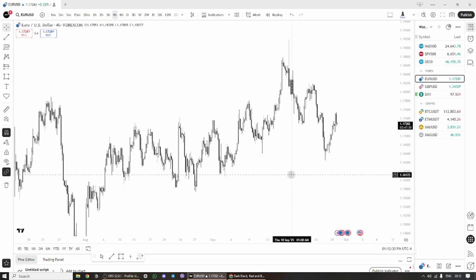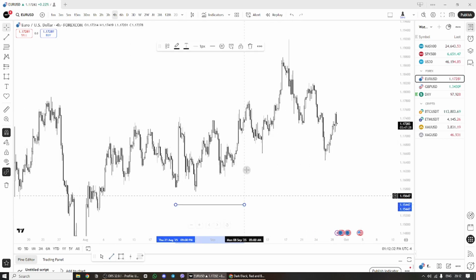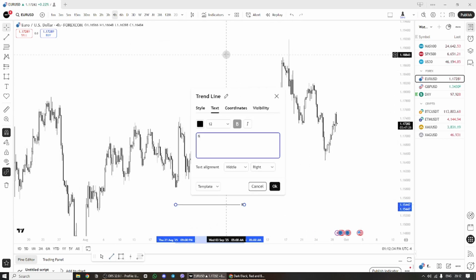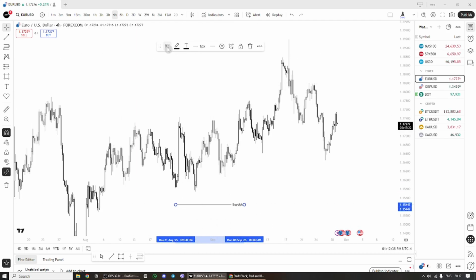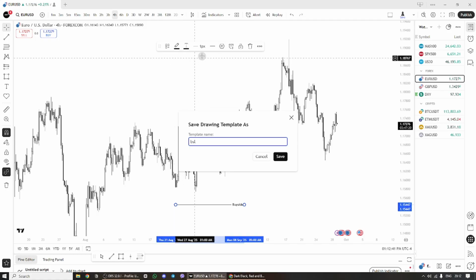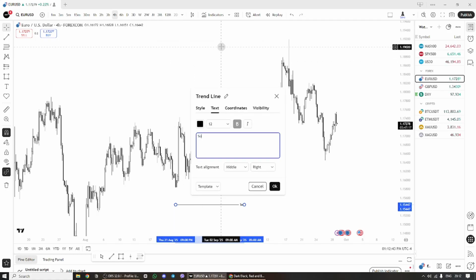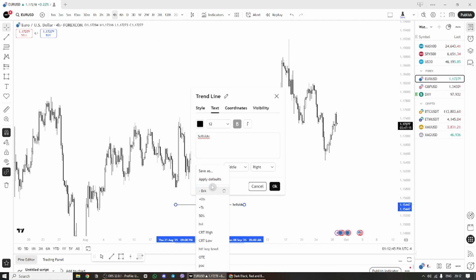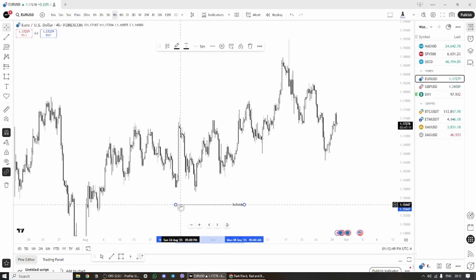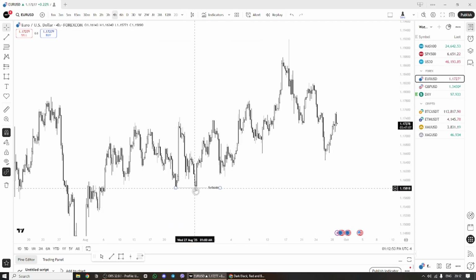So let's just make two lines, buy side and sell side. What do we have below lows? We have sell side liquidity.